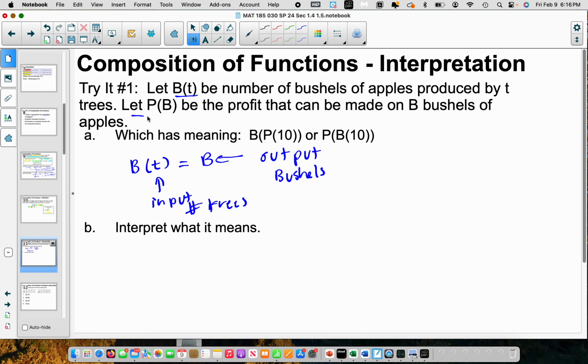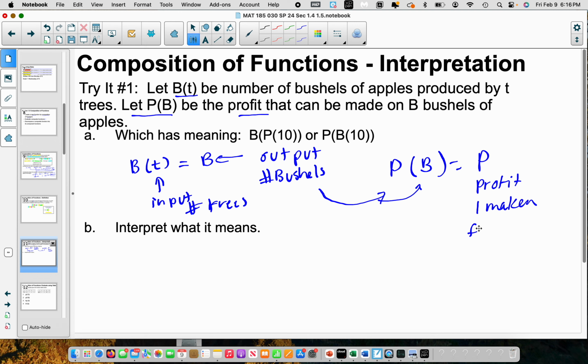Then it says let P of B be the profit that we can make on bushels of apples. So if I take that B, the number of bushels, and input it into this profit function, my output is the profit I make from B, which is bushels of apples.